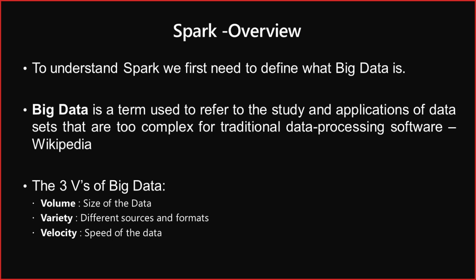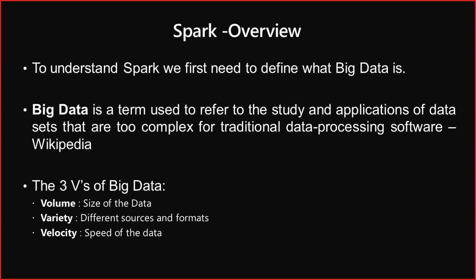And the last is the velocity: the speed with which we want to compute, extract, and perform all the computations, we need them very fast. So if our data is large enough and we have gathered it from a variety of different sources, and if we need a fast mechanism for retrieving or manipulating it, then we can classify our data as big data.